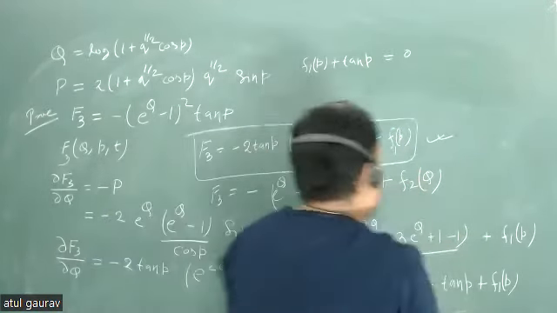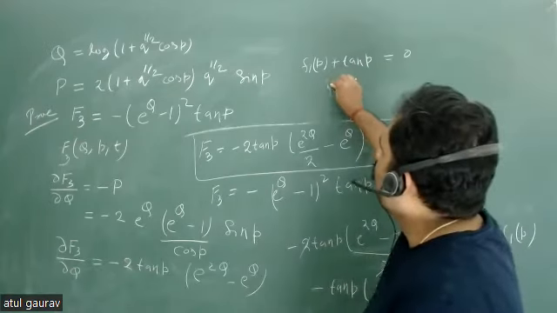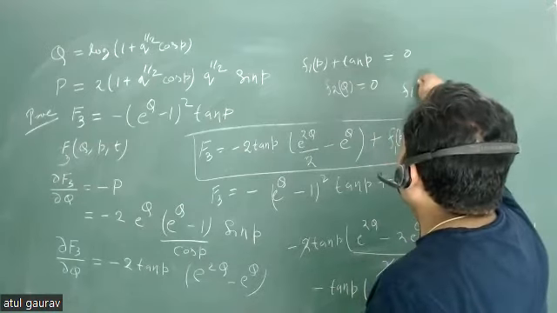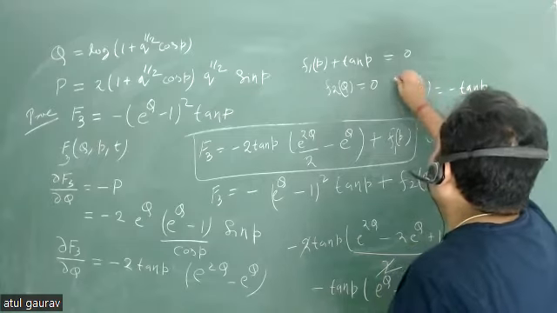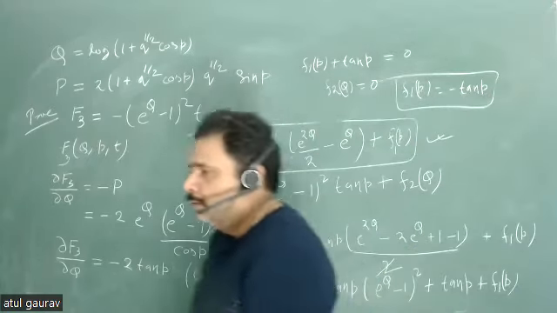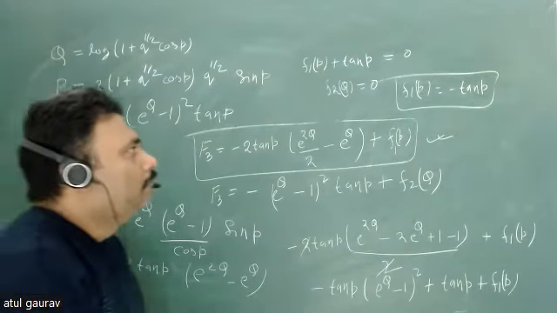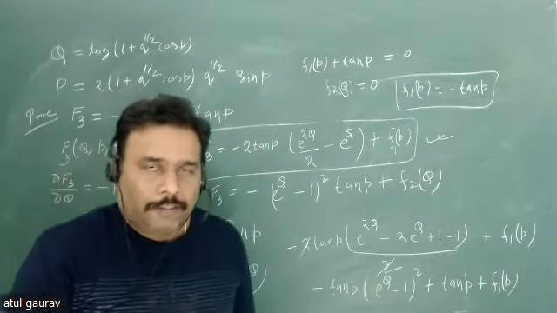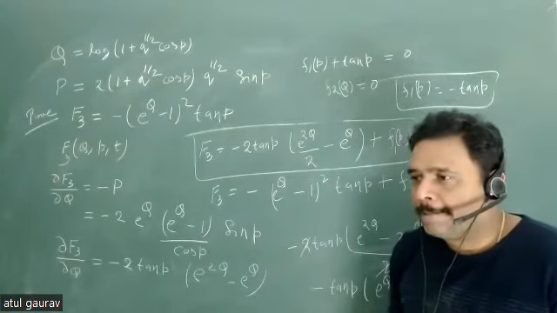In here, there is not any function of only p, isn't it? And from here, you can get f2 of q is equal to 0. So what is your f1 of p? It is nothing but minus tan p. So you can find that it is not always trivial that all your constants of integration will be the same. Can you see this problem? Wonderful problem, an unsolved problem from Goldstein.